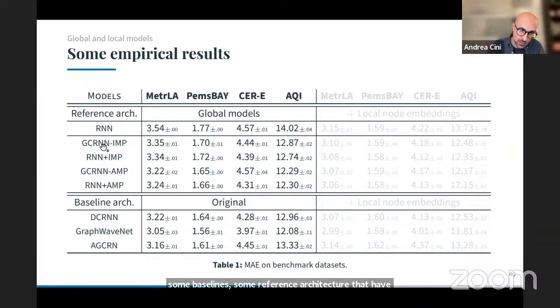In particular, we have these GCRNNs that are basically time-and-space models. And then we also have different implementations of time-and-space models. And then we also have three architectures from the state of the art.